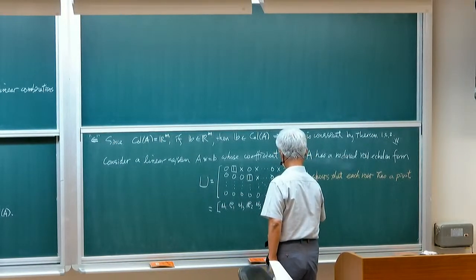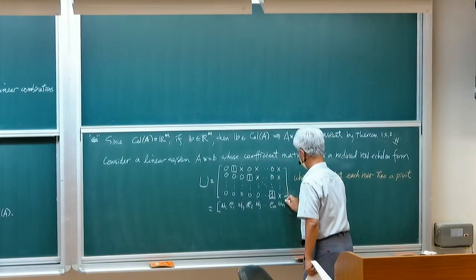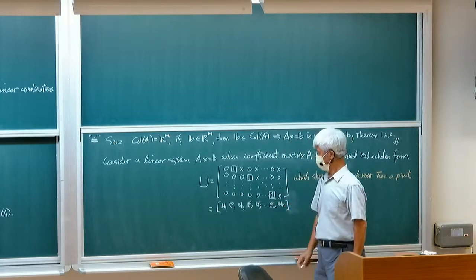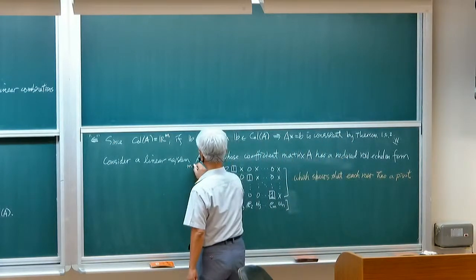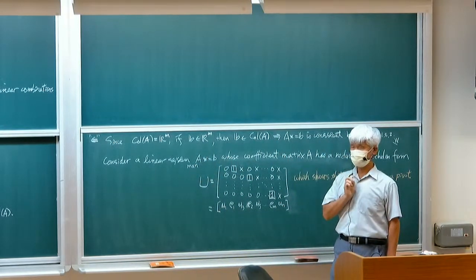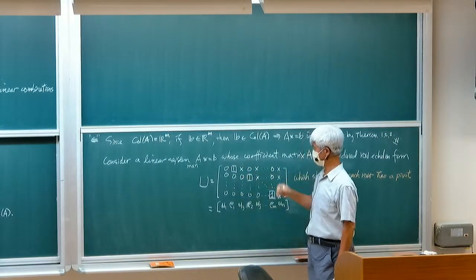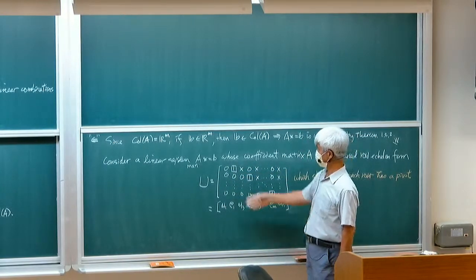Okay? Because the matrix A is M times N, it has M rows and N columns.